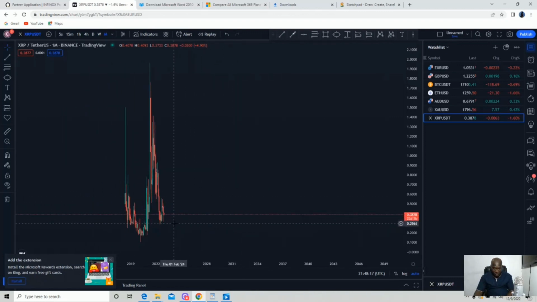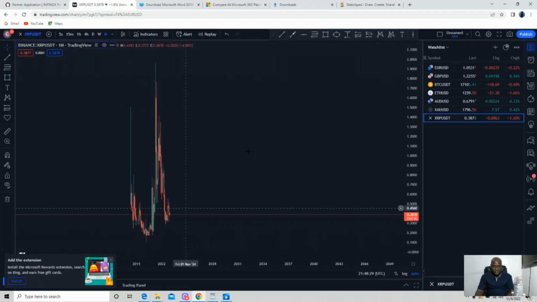So let's start drawing our technical analysis now. This is a support level, and you can see there are so many retests on this level. So let's take our first structure here. Let's take our first structure around here.